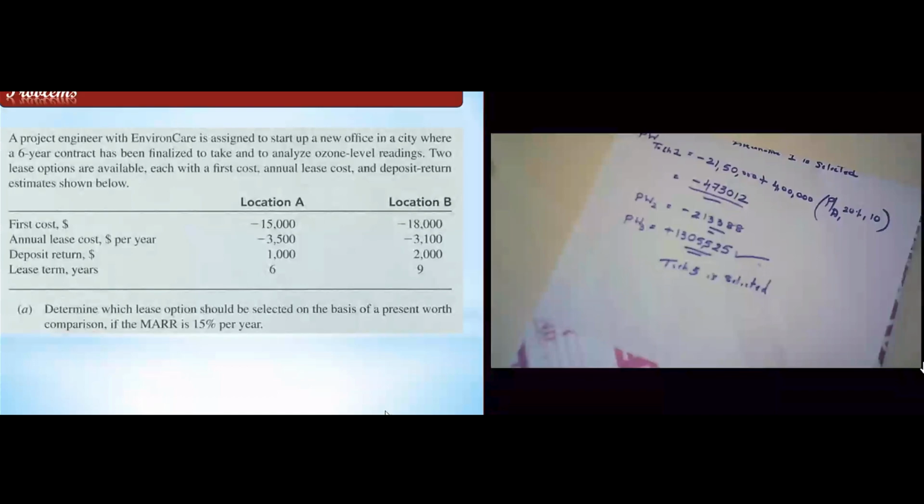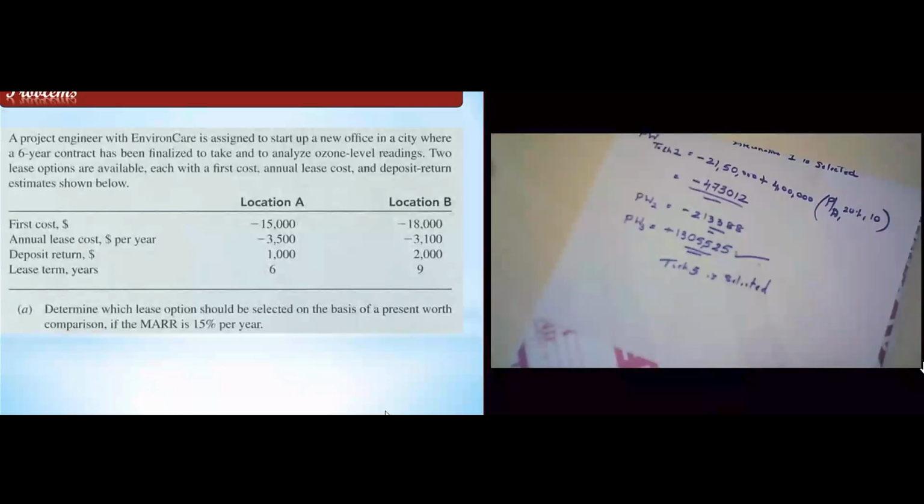Instead of taking uneven or unequal service lives, I have used the LCM and made the service life the same. So instead of 6 and 9, I will be taking the entire 18 years as my analysis period.